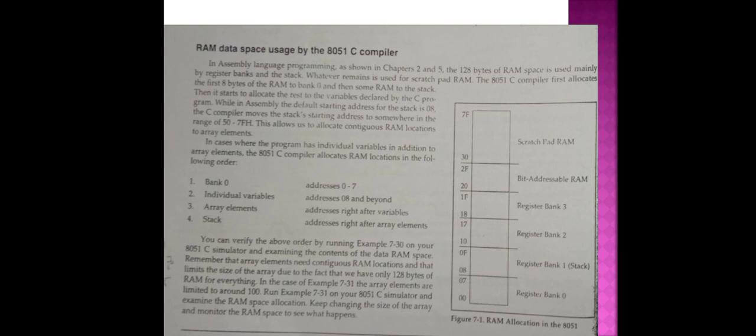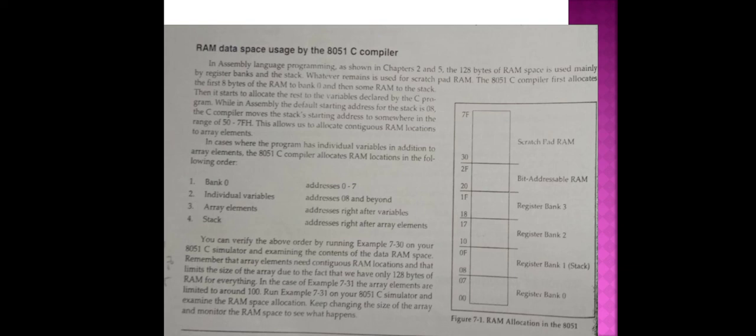In this order, by running the 8051 C simulator and examining the contents of the data RAM space, remember that the array elements are placed in the RAM locations and limit the size of the array, due to the 128 bytes of RAM for everything.